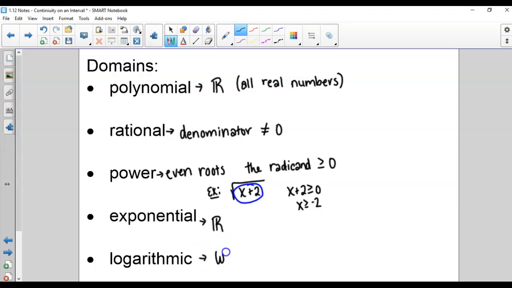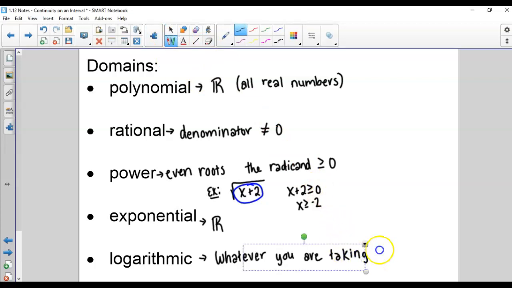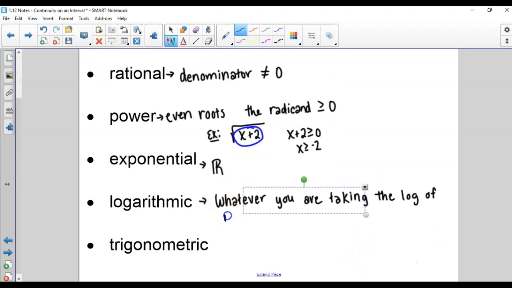So, whatever you are taking the log of must be greater than 0.